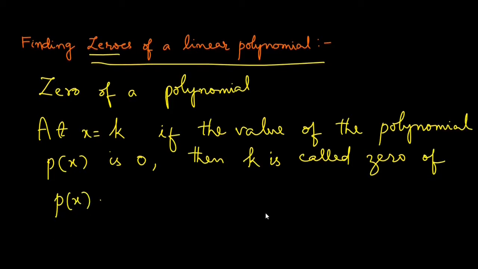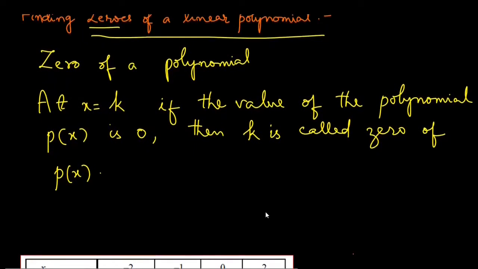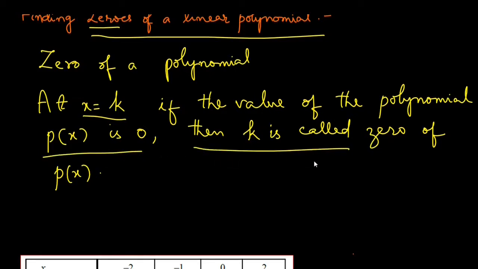What is a zero of a polynomial? At x is equal to k, if the value of the polynomial p of x is 0, then k is called zero of the polynomial p of x.